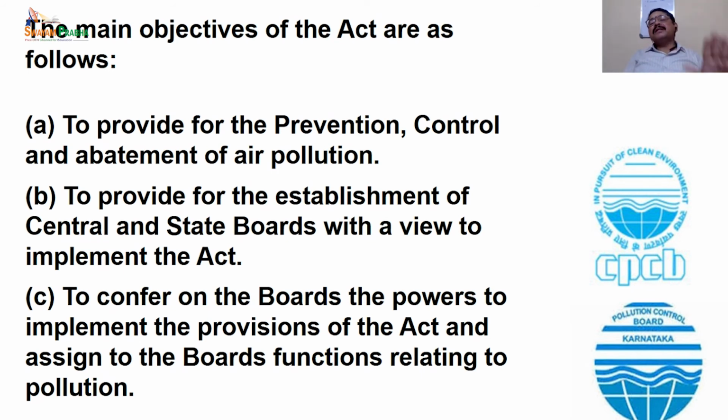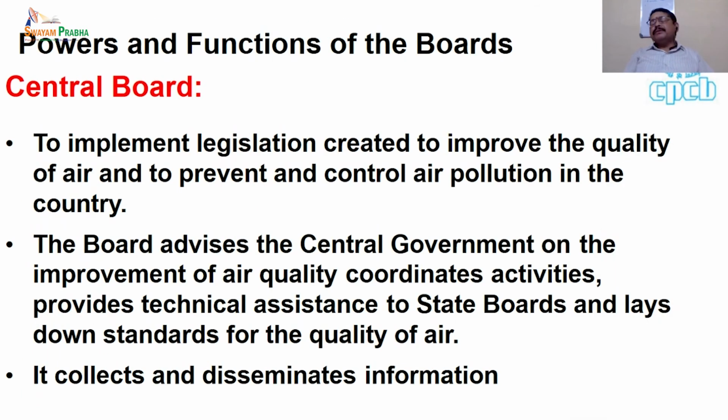So the same thing is applicable for both air and water. When you look at the power and functions of the board, very particularly the central board is created to implement the legislation to improve the quality of the air, prevent and control it, and it can give directives or technical manuals to the state pollution control boards to implement it.